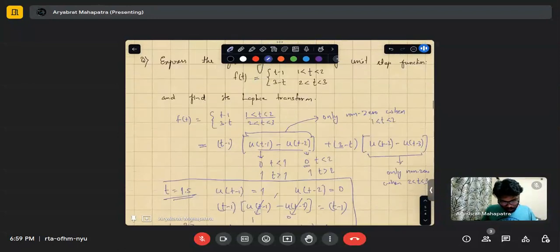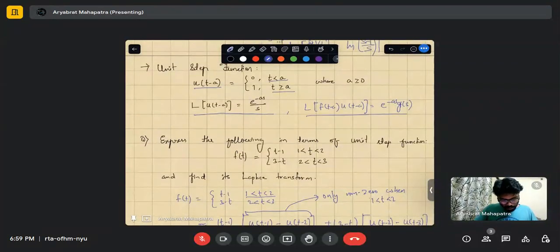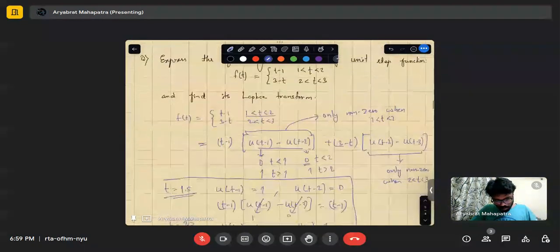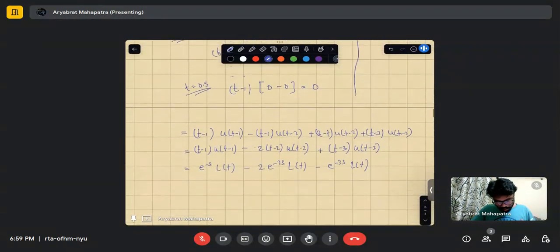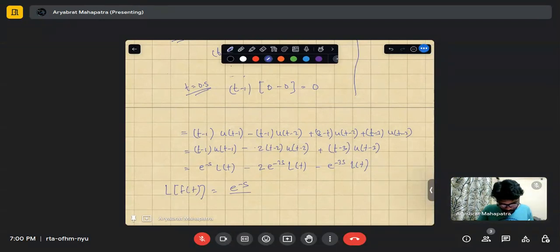But using this property you can write, then your Laplace transform of f of t will be e to the minus s by, this will be s minus 2, e to the minus 2s by s square plus e to the minus 3s by s square.